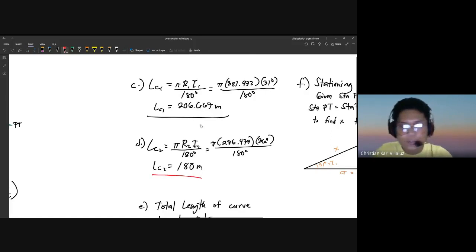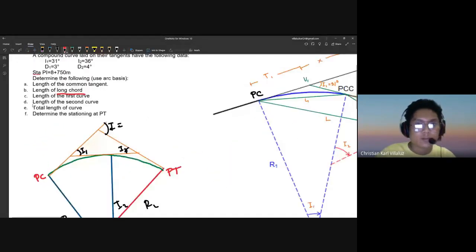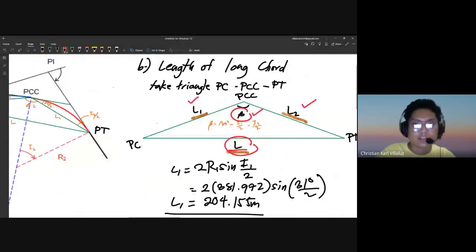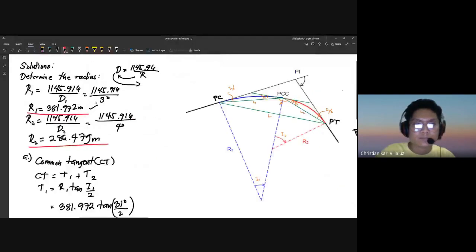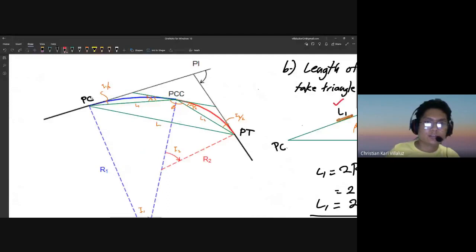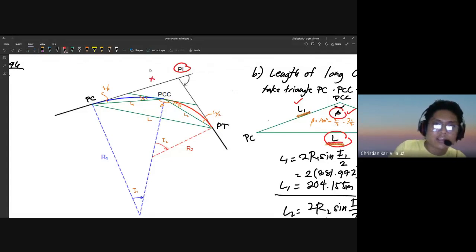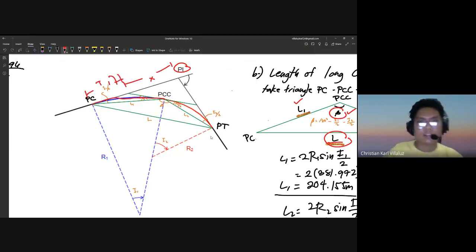Last question sa problem na to ay hanapin daw yung stationing ng PT. So, balik tayo. Stationing ng PT. Kung babalik tayo dito sa given yung stationing ng PI, kailangan natin i-subtract yung X, subtract yung T1, then add the LC1, and add LC2.